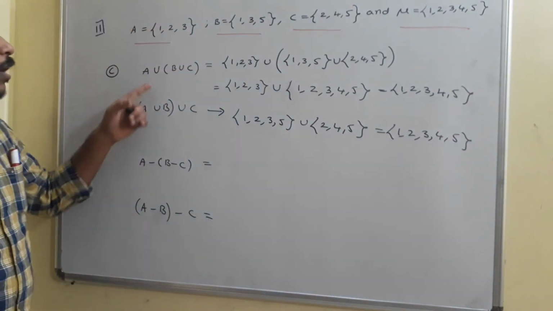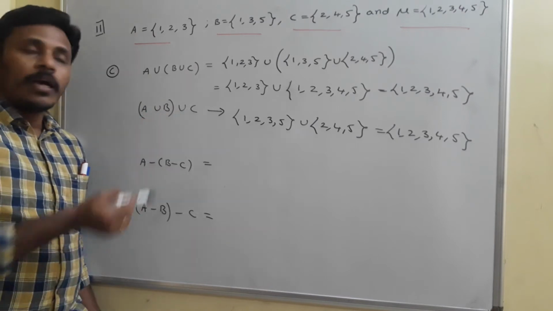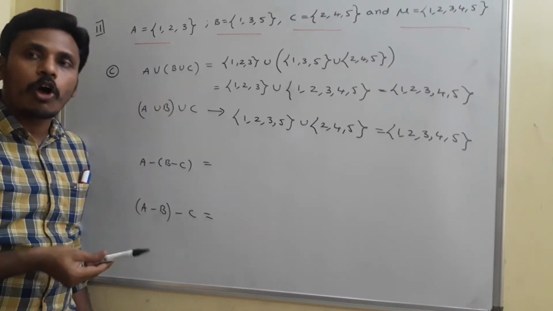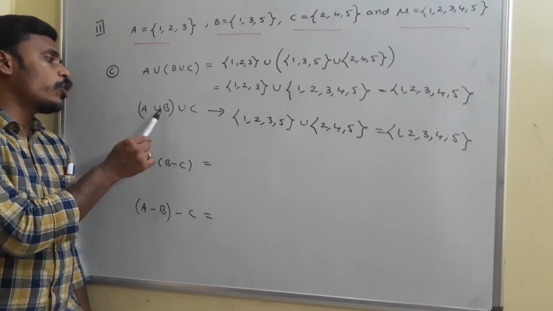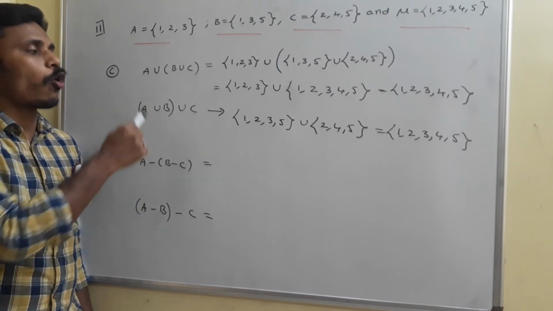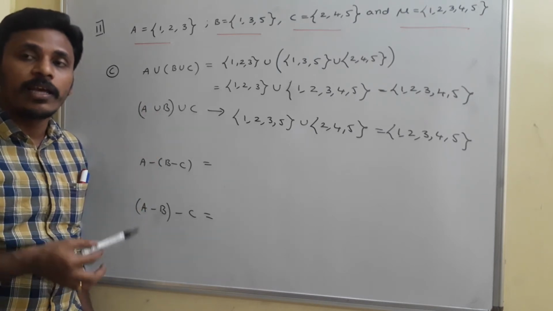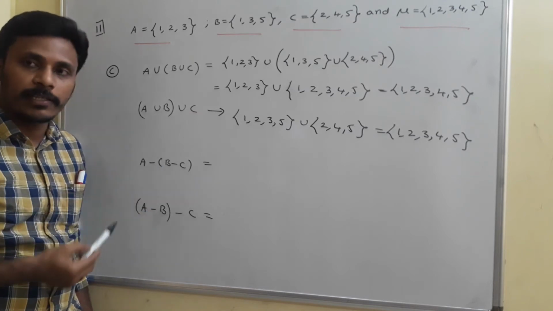In the sense, these two are equal. You just observe it, A, B, C and then A, B, C. Here first apply union on B, C and then apply on A. Here first apply union on A, B and then apply on C. So these properties are generally called associative properties.